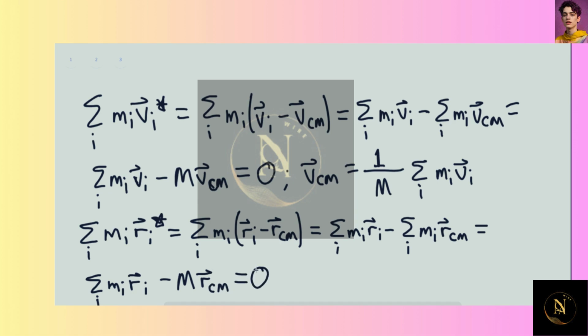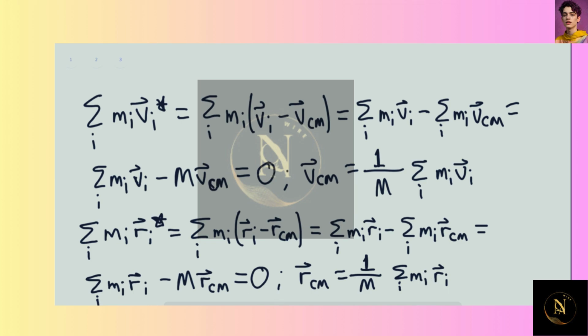And we know that this is also equal to 0. This is true from the definition of the center of mass, where the position of the center of mass equals 1 over m times the sum of m sub I times r sub I, the position of that particle.